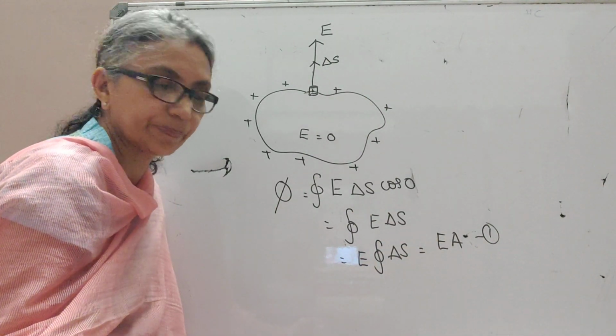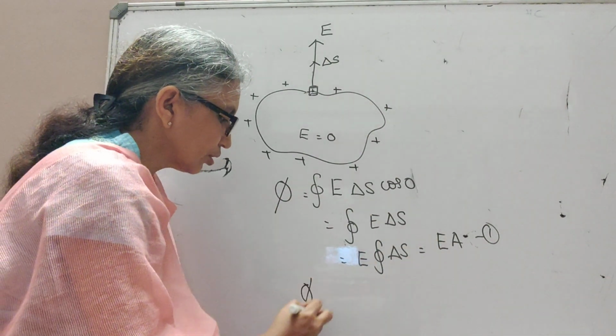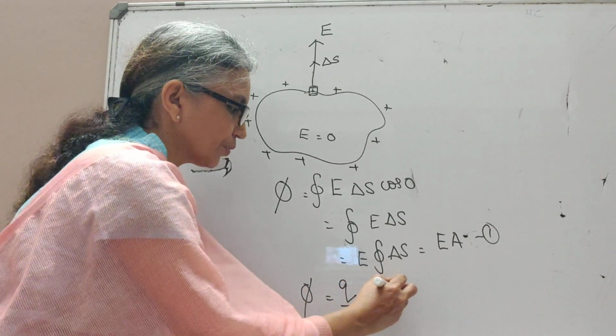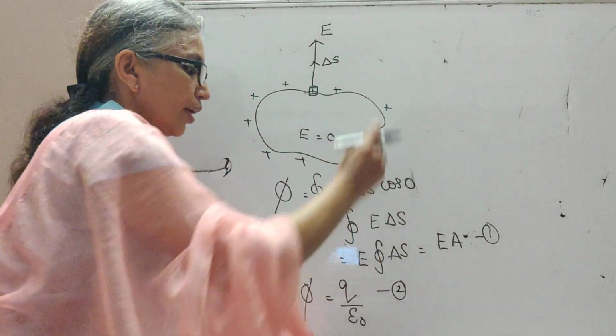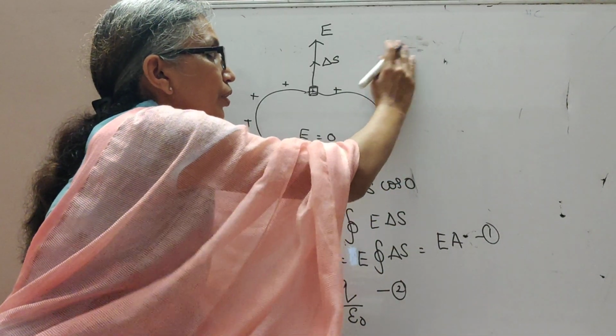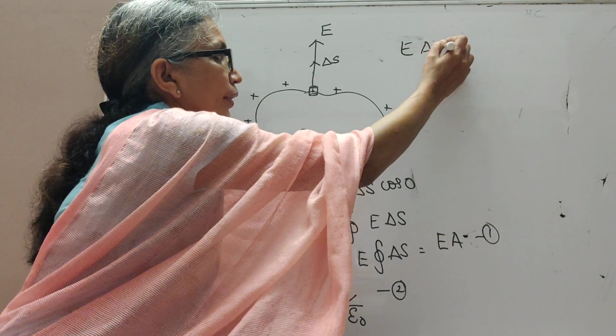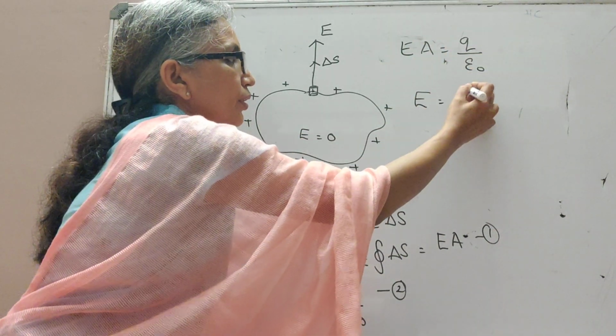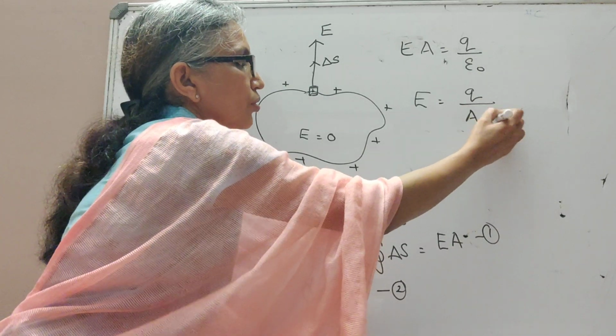the whole area A. Flux according to Gauss's law is also equal to Q by epsilon 0, which is my equation 2. So I am equating the right hand sides, where E into A is Q by epsilon 0, or the electric field is Q by A epsilon 0.